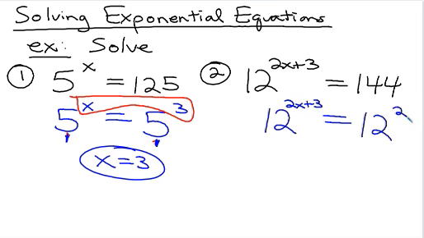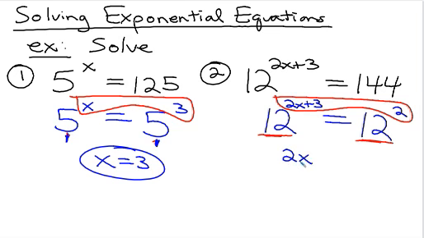Good. And now that we have the same base on both sides, I can set the exponents equal to each other. So we've got a little bit of algebra to do here, but nothing very hard. 2x plus 3 equals 2.